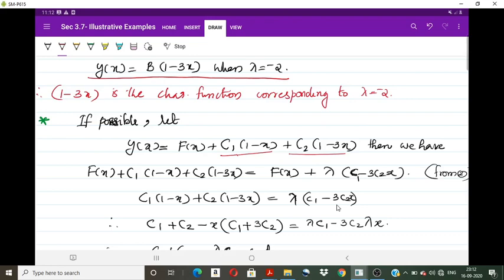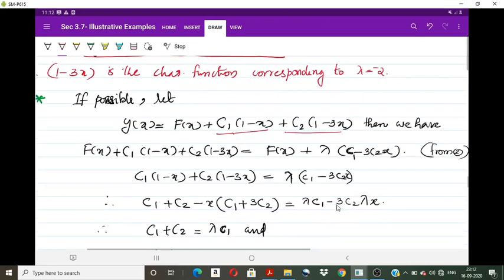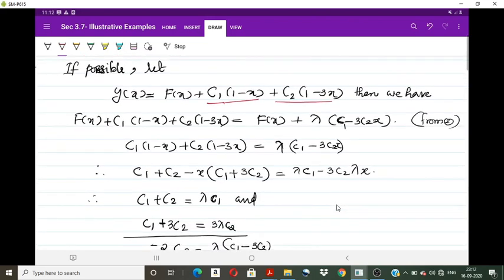Now we can write it as capital C1 plus capital C2 minus x into (C1 plus 3C2) equal to lambda c1 minus 3 c2 lambda x. So C1 plus C2 is equal to lambda into small c1, and capital C1 plus 3 into capital C2 is equal to 3 lambda into c2.